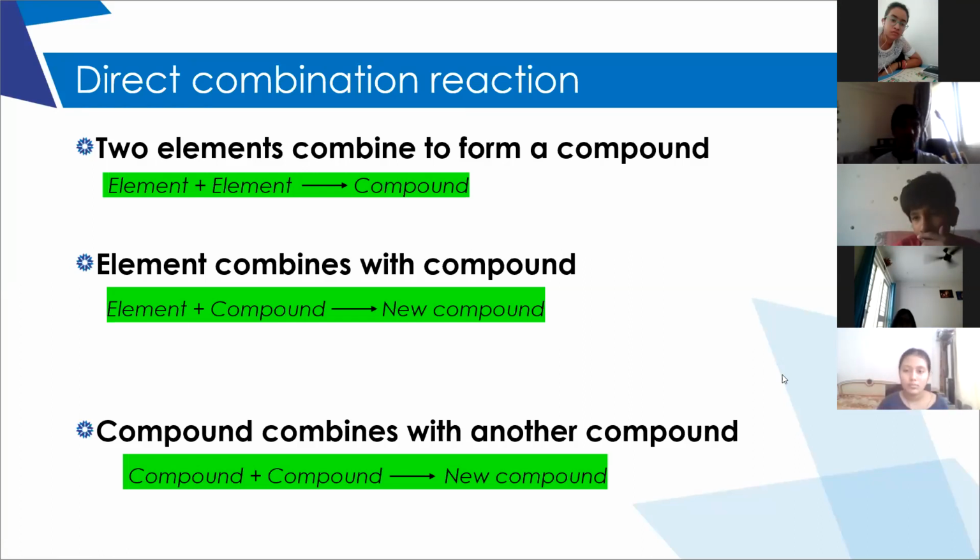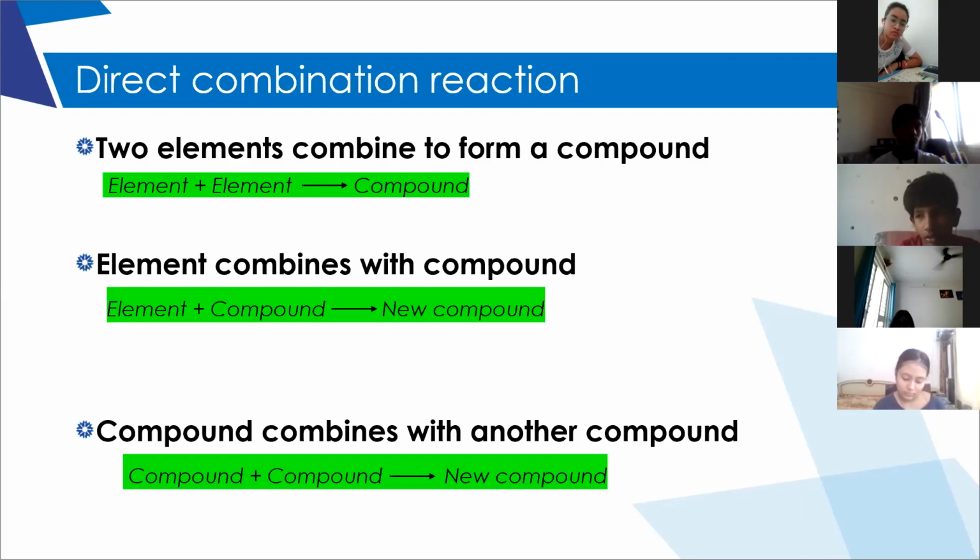No, OH does not exist. OH is a radical. Okay, ma'am. It does not exist, right? Yes, carbon monoxide plus oxygen. Carbon monoxide is a compound, right?